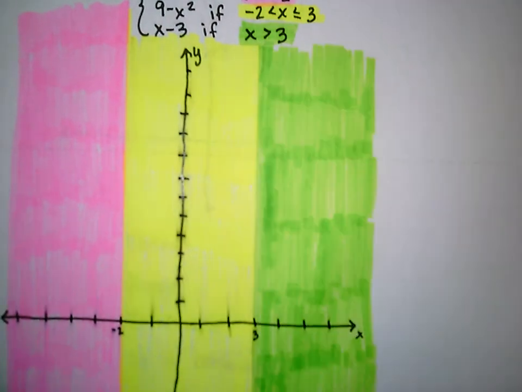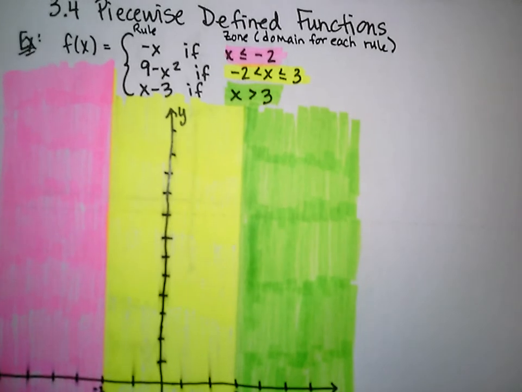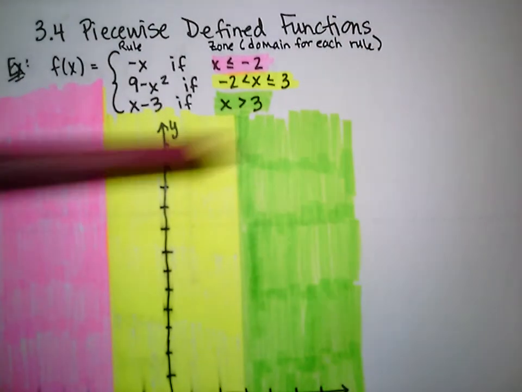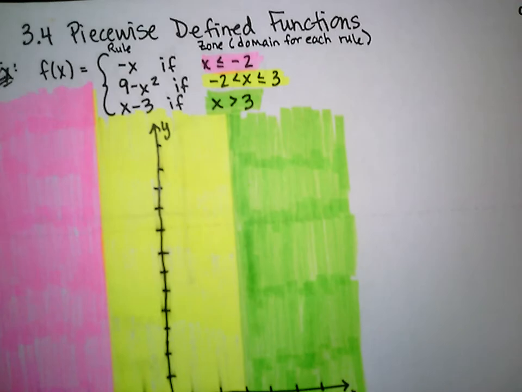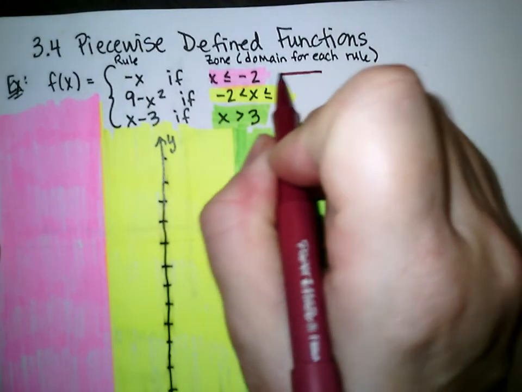Okay, now that we have our zones established, let's look at the functions that we're going to be graphing in each of those zones. So in that pink zone, I wanted pink, but it's like brick red. It's fine.